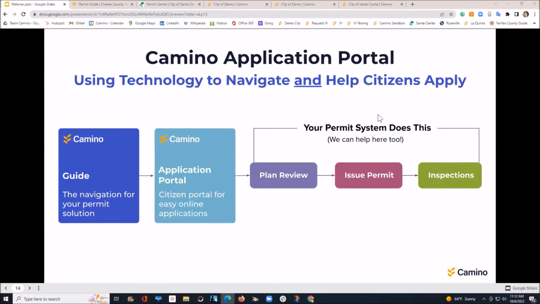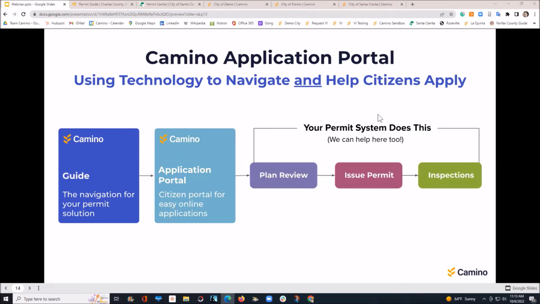We also offer, and we're not going to talk about it today, an application portal, which uses the intelligence of the guide to know exactly what forms and what fees and what documents need to be uploaded. So it makes for a very easy user interface on the front end, so that the experience can be enjoyable for the applicants. This is very helpful for people that have maybe older permit systems they're still happy with that don't have a front end portal.